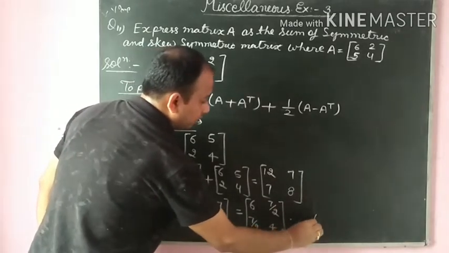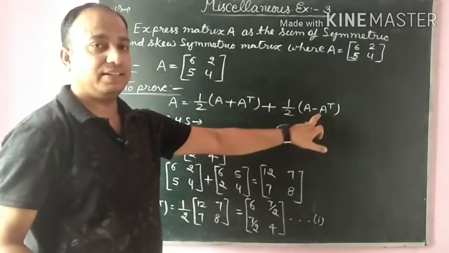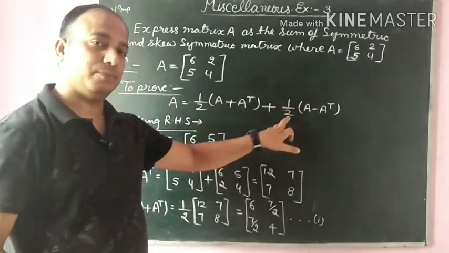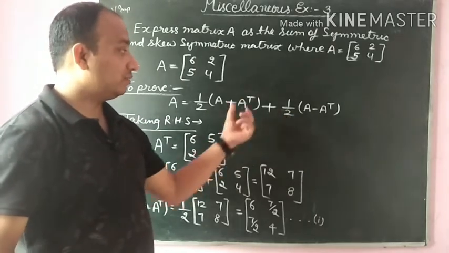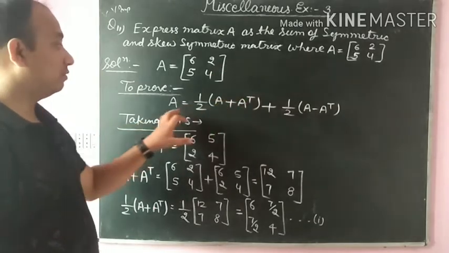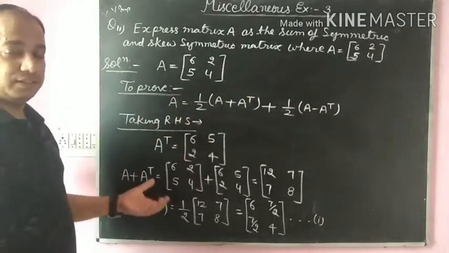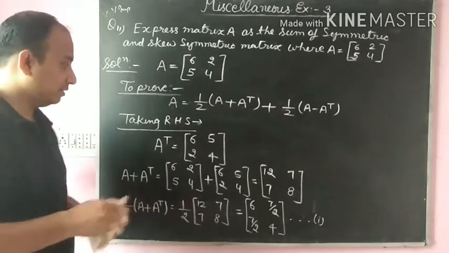Clear? This is equation number first. Then we find A minus AT, multiply by 1 upon 2, and after that equations first and second are added, and this equals A. Okay, clear, then we find the A minus AT.